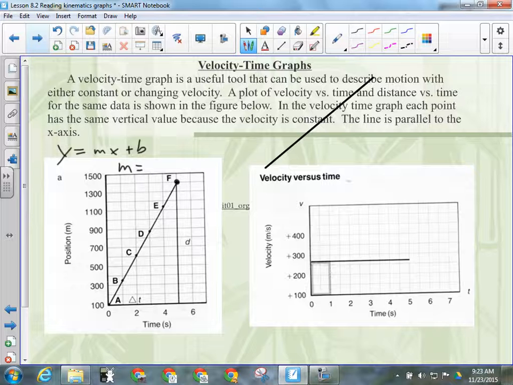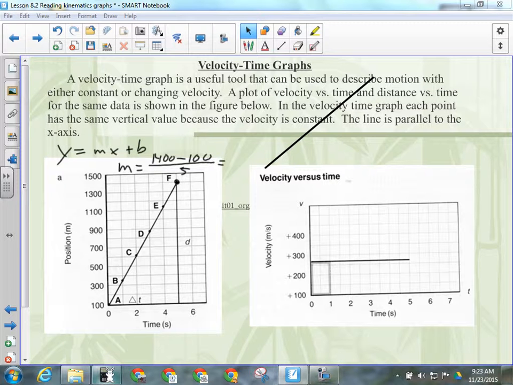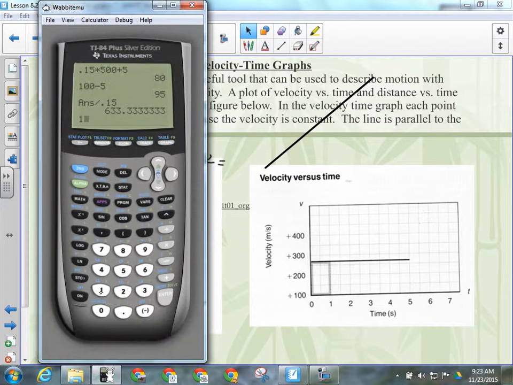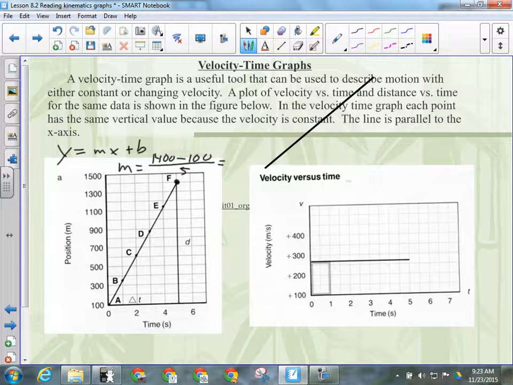So m is going to be y, which is 1400, minus b, which was 100, over x, which was 5. So we got 1300 over 5, which is what, 260? All right, 260.